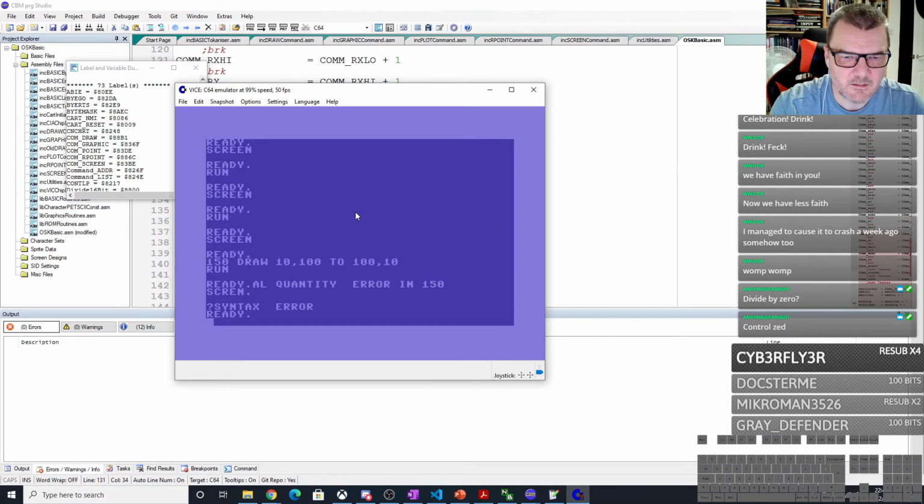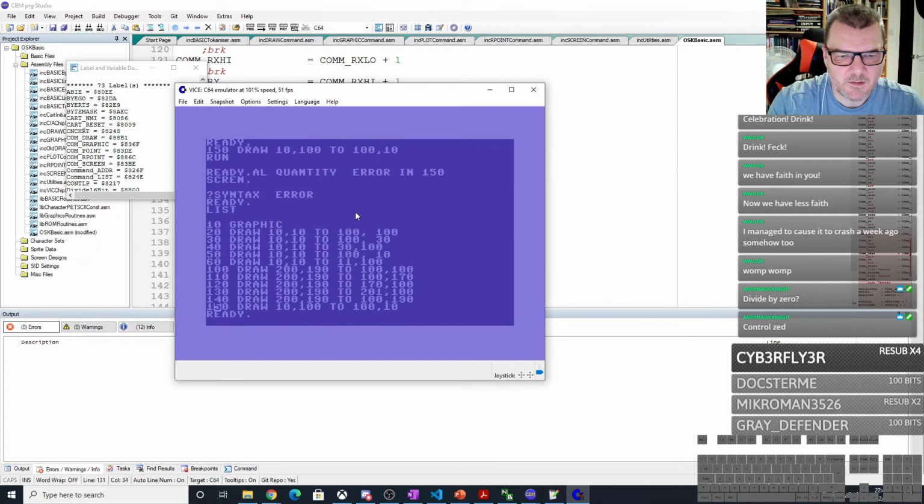So 10, 190, that's up the top, and then going down, so x2 should be 10, 10, 10. No, no, no, no, no. No, because x is going up, y is going down.